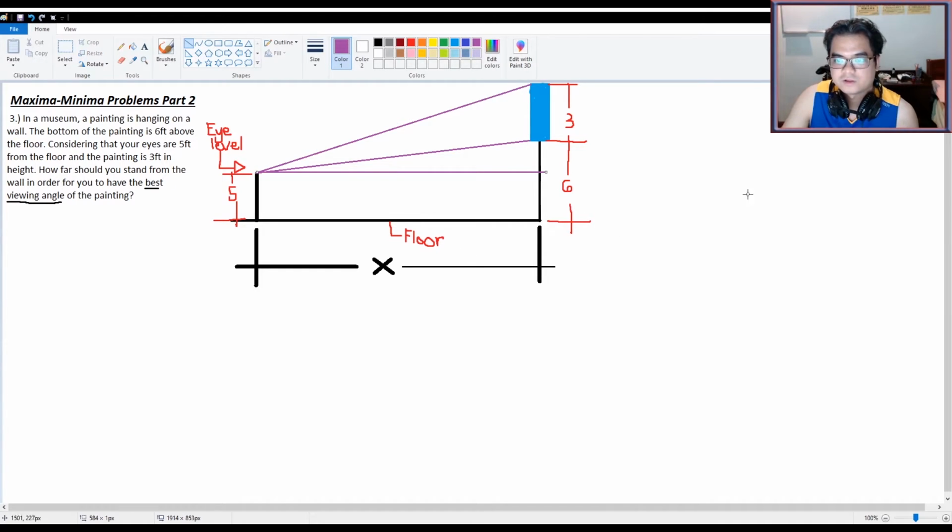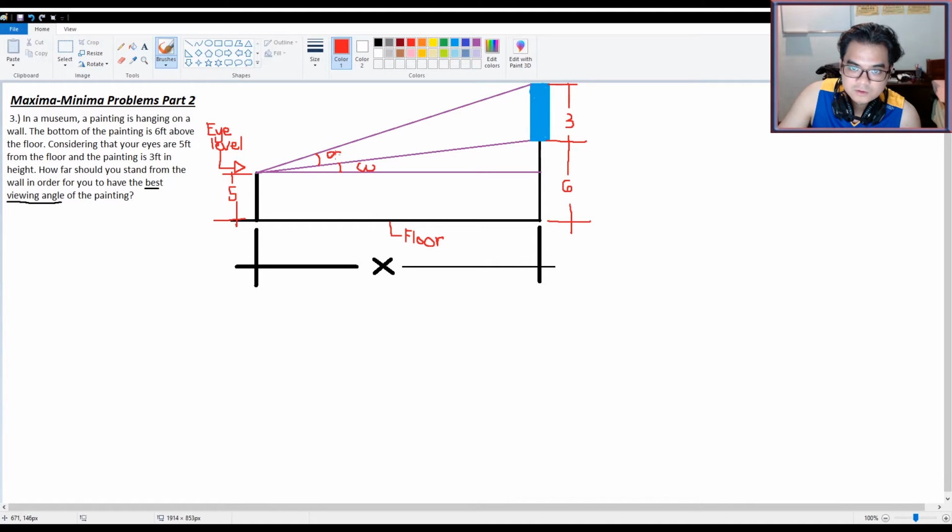What will happen here is, let's just say this angle is omega, and this angle will be your alpha.